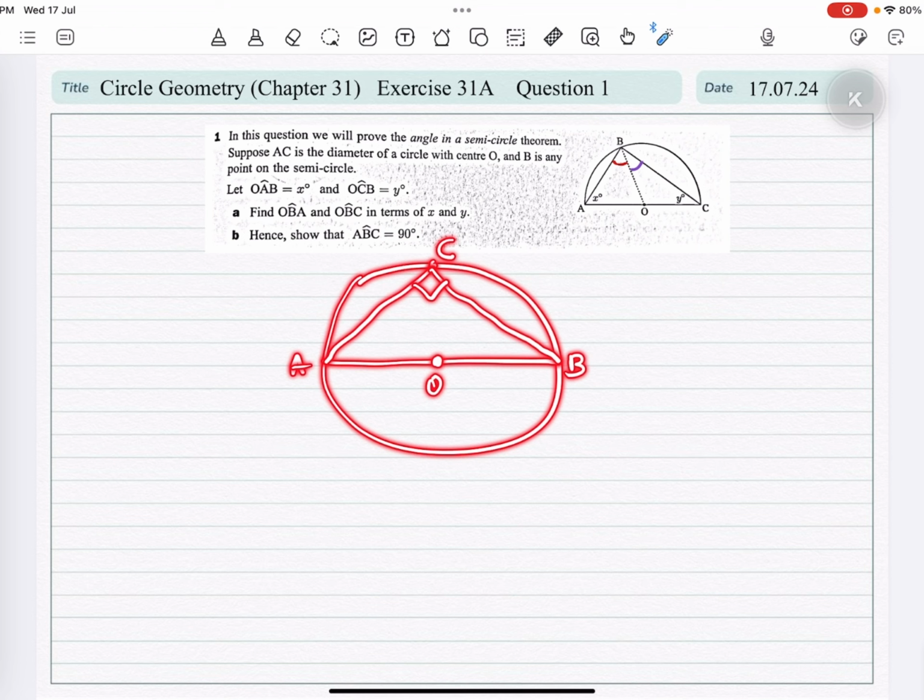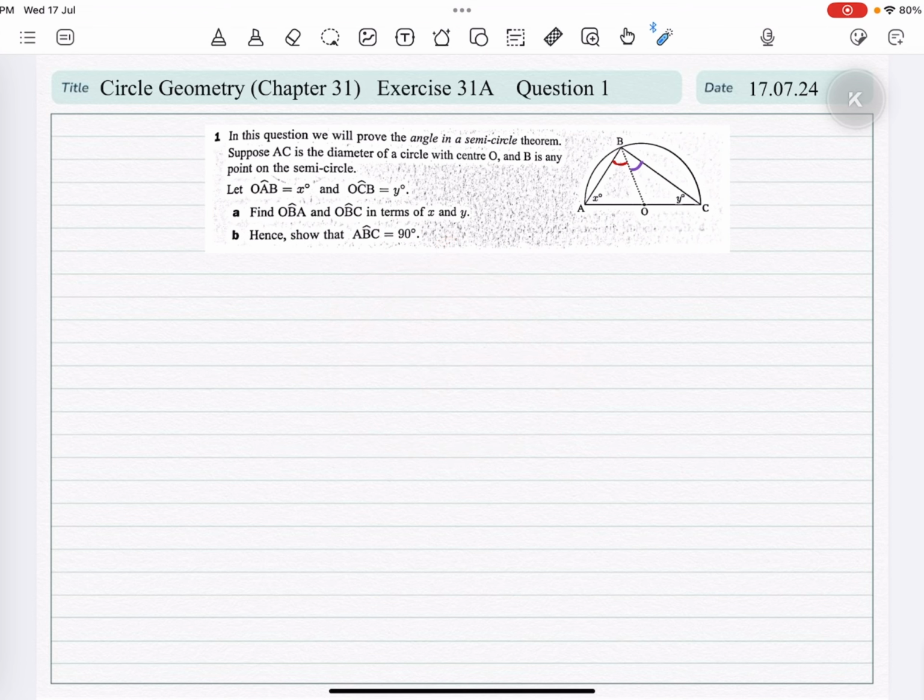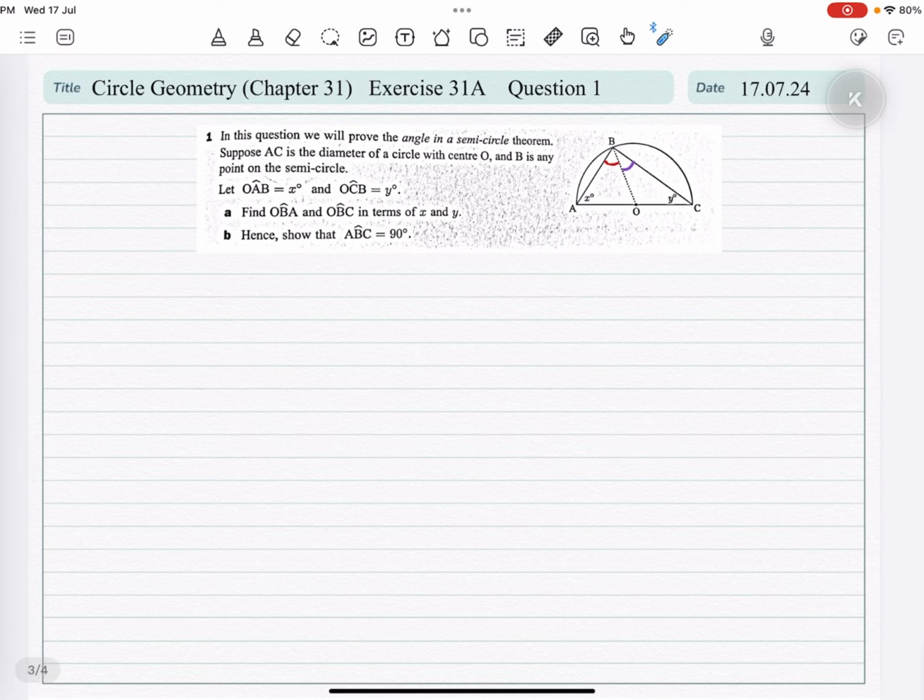That's a right angle at this point. So what we have to prove at the end is that angle ABC is 90 degrees.